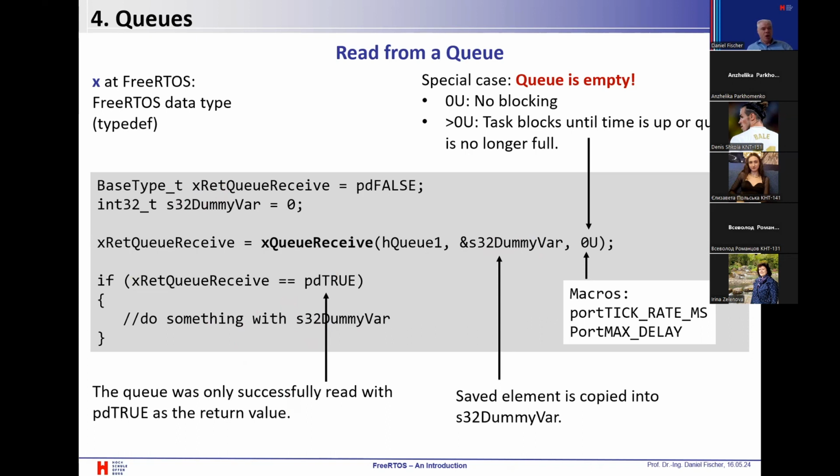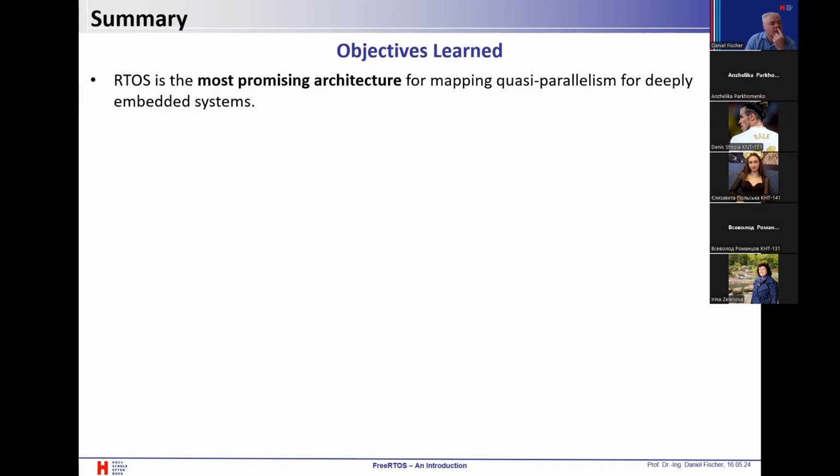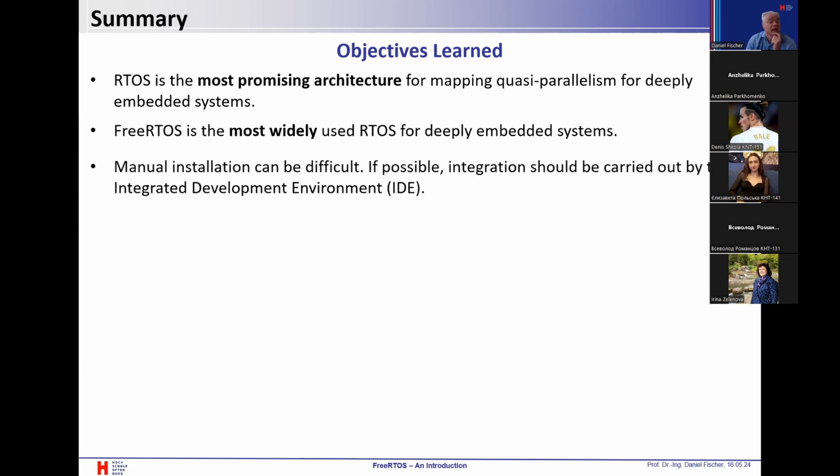Okay, as a summary of the whole course, what have we learned today? RTOS is the most promising architecture, therefore use it later in the future. FreeRTOS is the most widely used RTOS. The manual installation is very difficult. As I told you, if possible, use the functionality of the integrated development environment.